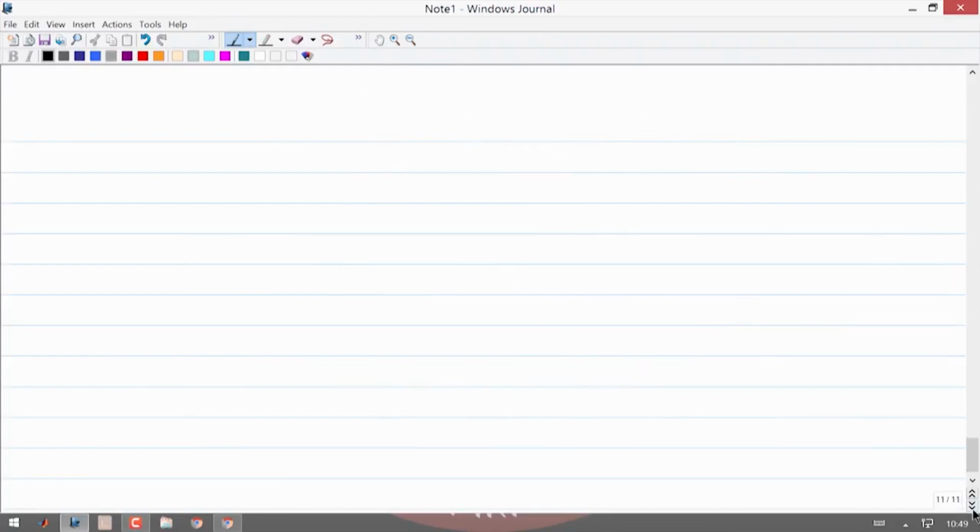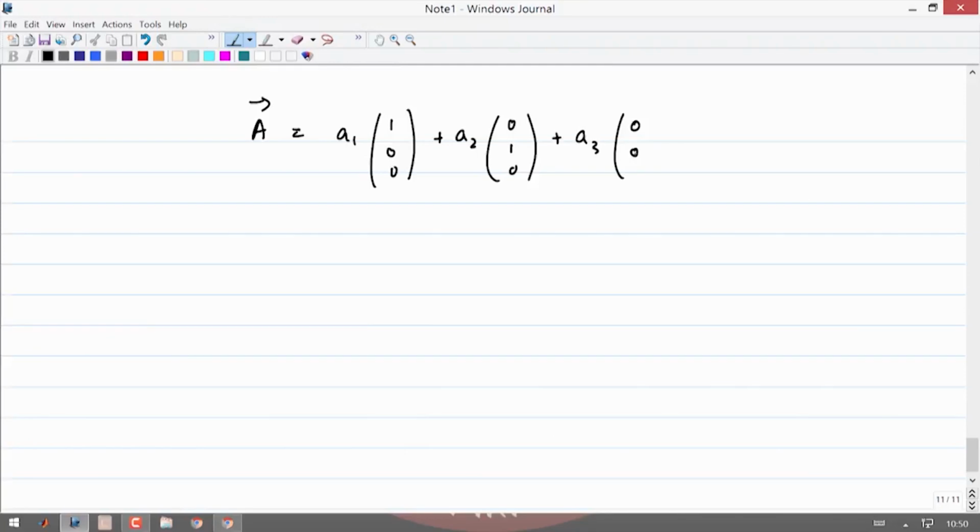Immediately you can see that any arbitrary vector, which is written as a1 times x, which is 1 0 0, plus a2 times y, which is 0 1 0, plus a3 times z, which is 0 0 1, is obviously the column vector a1 a2 a3.